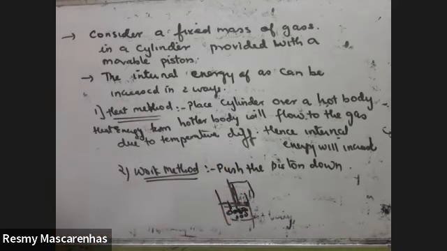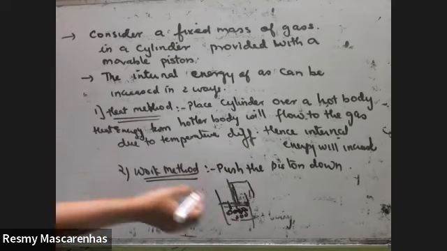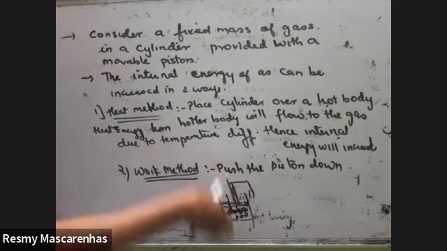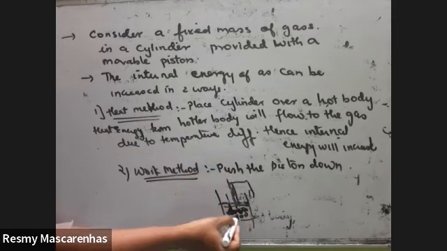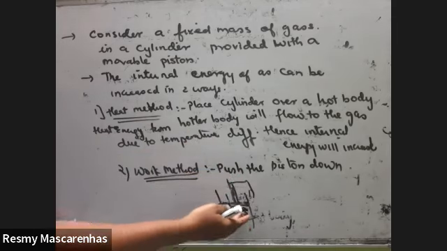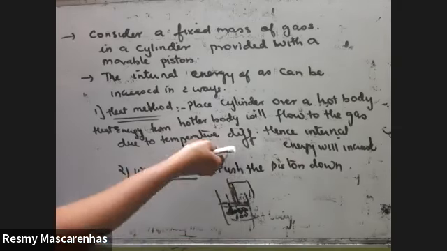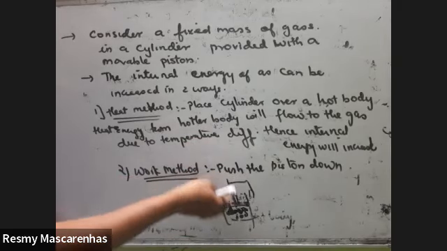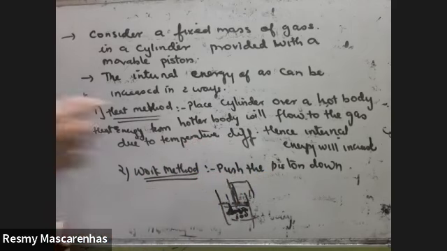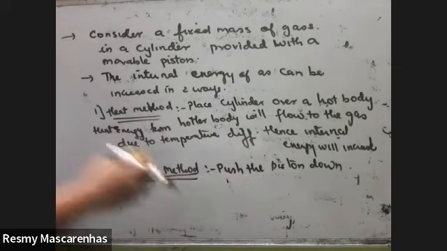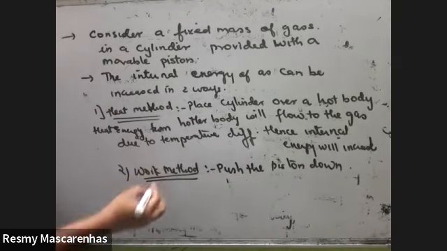So work is also energy. Whenever some work is done, this pushing of the gas, expansion or compression of the gas, is nothing but work. So obviously there will be some movement of the molecules. The moment the molecules are moving means some work is happening. So kinetic energy plus potential energy will increase. So its internal energy is increased by adding weight.